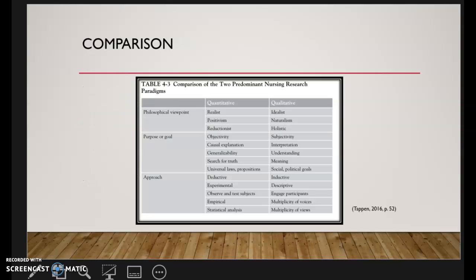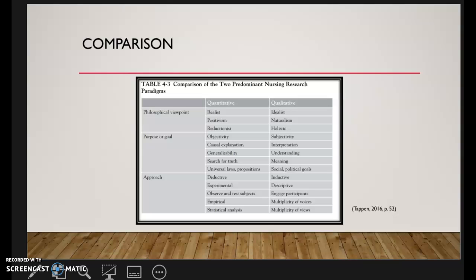So when we look at the overall comparison of quantitative and qualitative, we're looking at different purposes or a different goal. So this is actually from your textbook. I would like you to spend some diligent time, because it helps to differentiate the two predominant types, I should say, of nursing research.